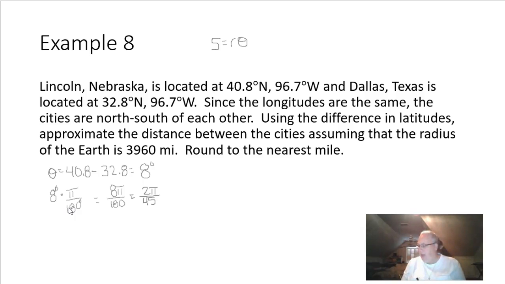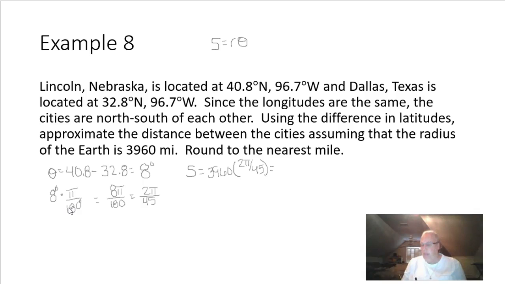So it looks like my angle is going to be 2 pi over 45. All right, let's put it into our formula. The arc length, in this case the distance between the cities, is going to be the radius 3,960 times our angle 2 pi over 45 radians.